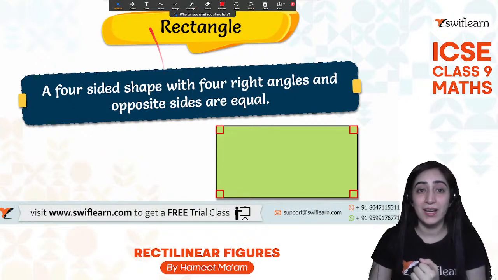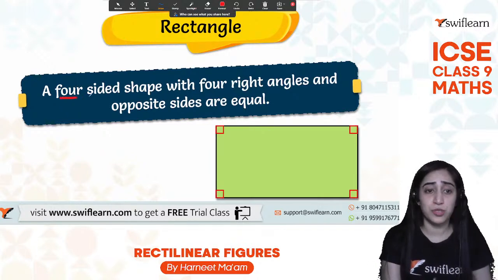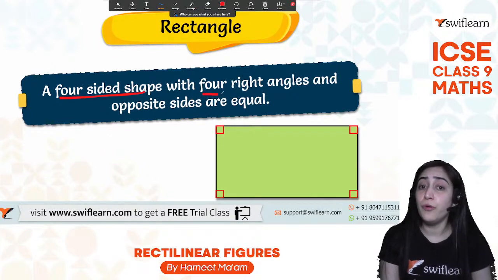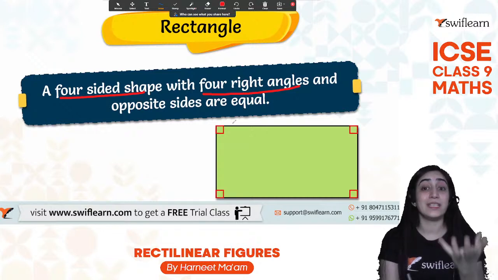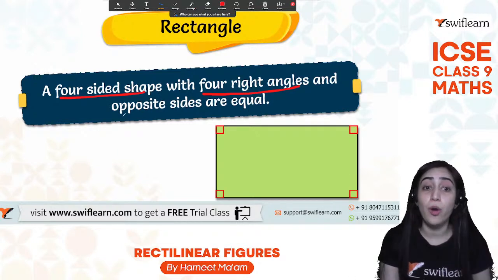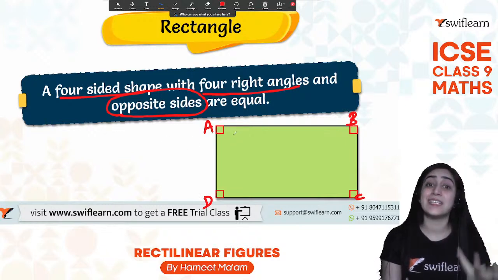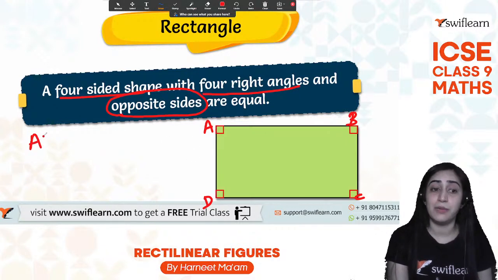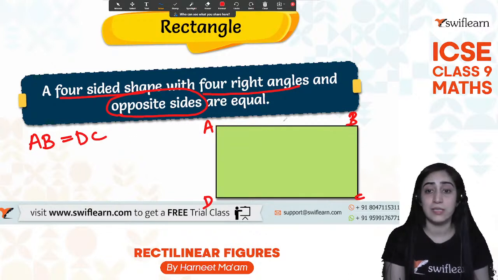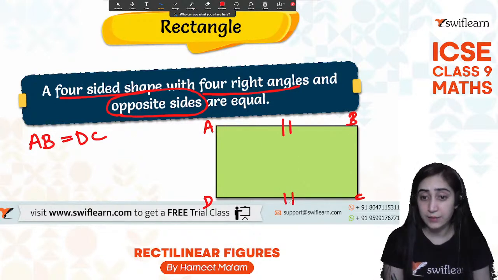What is a rectangle? If I talk about a rectangle, what does it say? That is a four-sided figure, all right? Four right angles. So the angles are equal, and the opposite sides are equal. When I talk about A, B, C, and D, if I say it's a rectangle, that automatically means AB will be equal to DC, so this side is equal to this side.